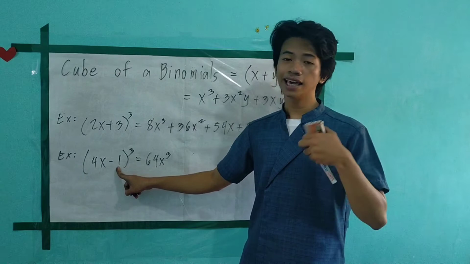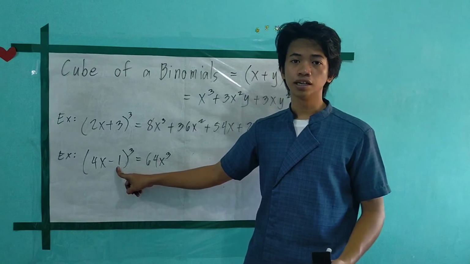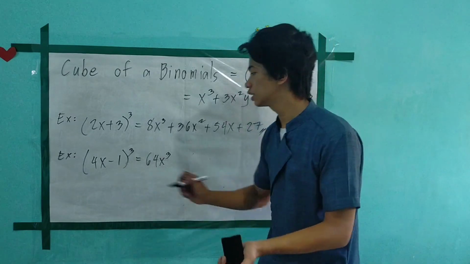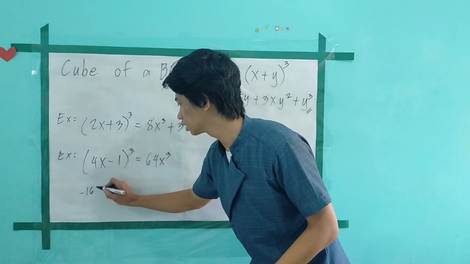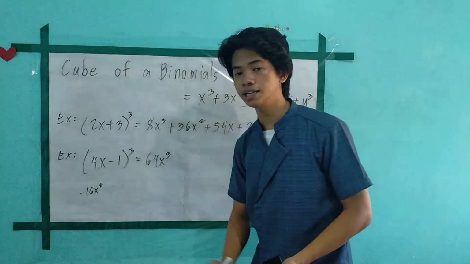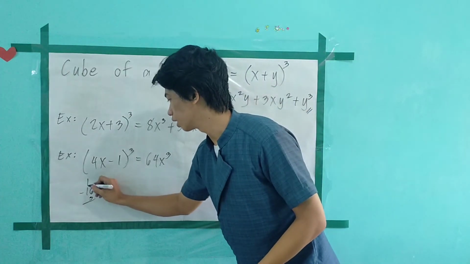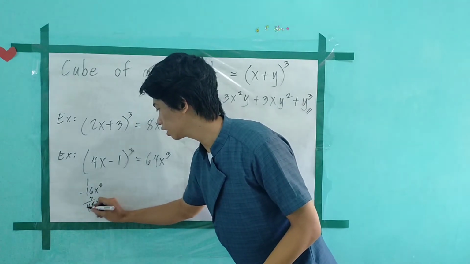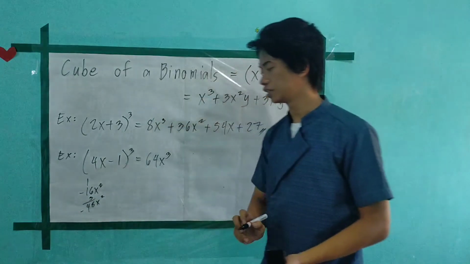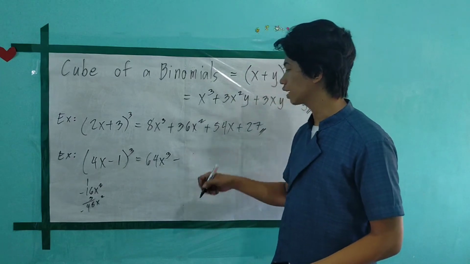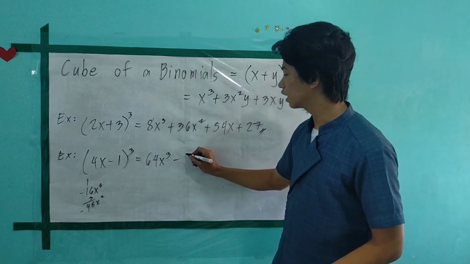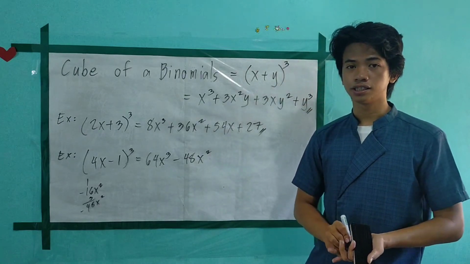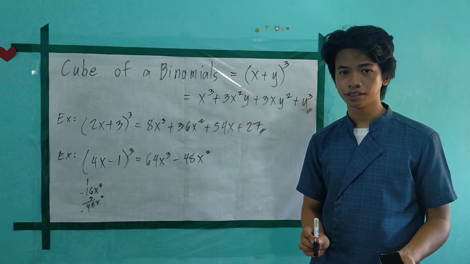So we have negative 16x squared. Then multiply by 3. So negative 16x squared multiplied by 3, we have negative 48x squared. So therefore, the second term of our answer is negative 48x squared. That is our second step.